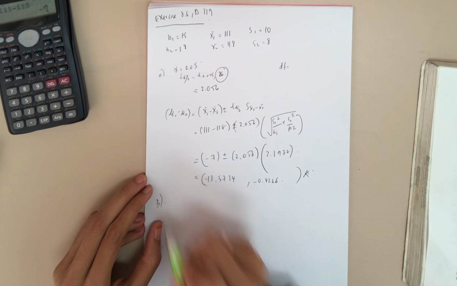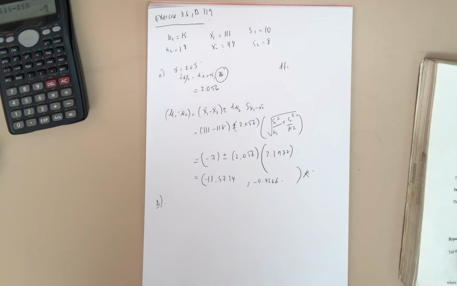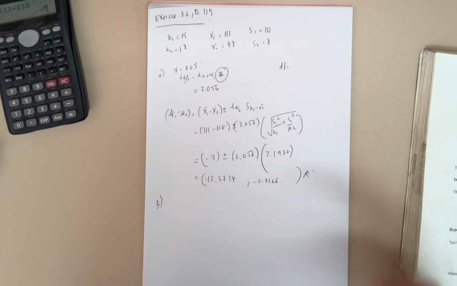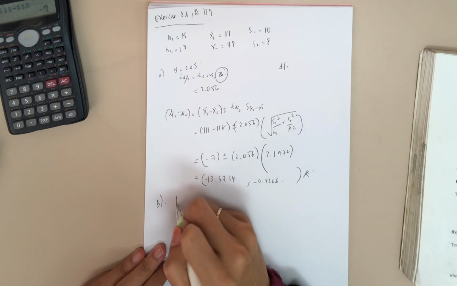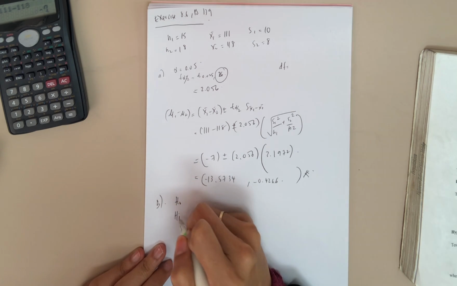So now B. Using the 1% significance level, can you conclude, so this is the hypothesis testing, that the mean number of items produced per day by the first machine is lower than the second machine? Class, this one is quite different compared to the previous example that we have done.